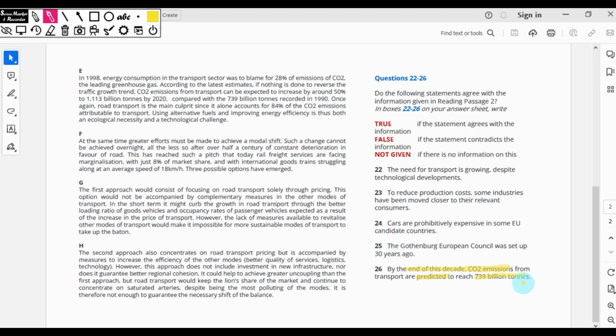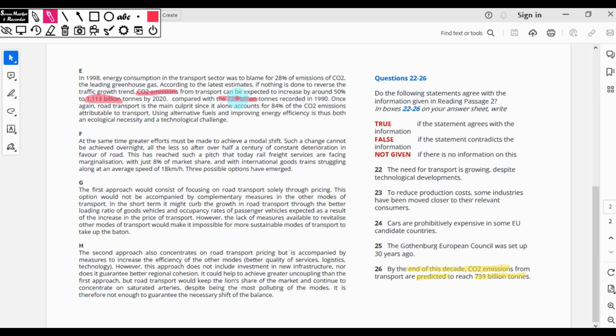There is a number, so it's easier to find the location. First we need to skim the passage and find the 739 billion tons. If we look carefully, there is 28%, and here is CO2 emission, and actually it is 50%. 1113 billion tons, here it is, and 739 billion. We found the location. Here is the answer.